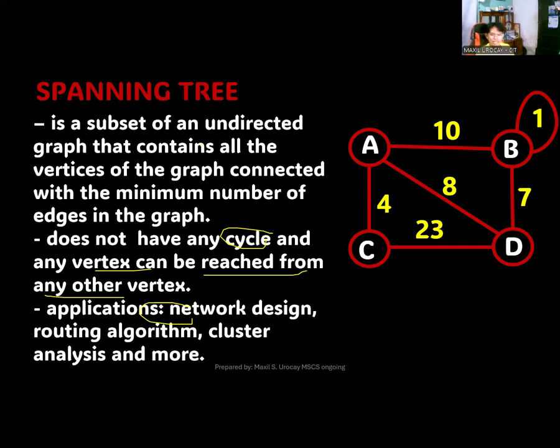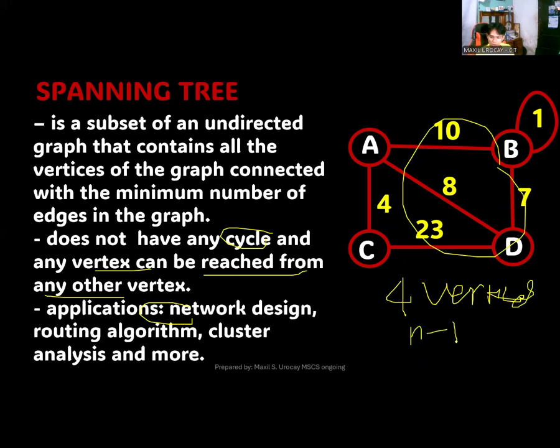Now, when we say spanning tree, that is talking about any kind of subgraph that consists of, for example, in this particular graph, four vertices. For your four vertices, when you create a spanning tree, it should have n minus 1 edges. So however many vertices you have, n vertices, it will be n minus 1 for representing the edges.